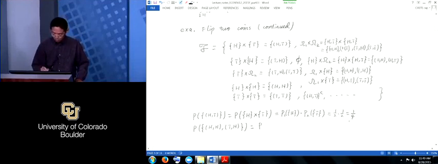So the probability of the event, second coin is head. Okay.